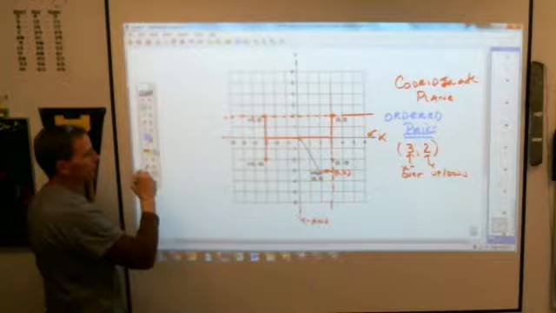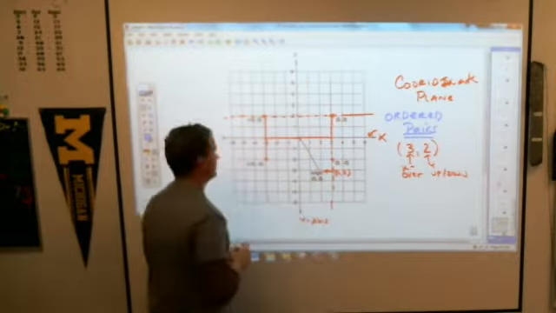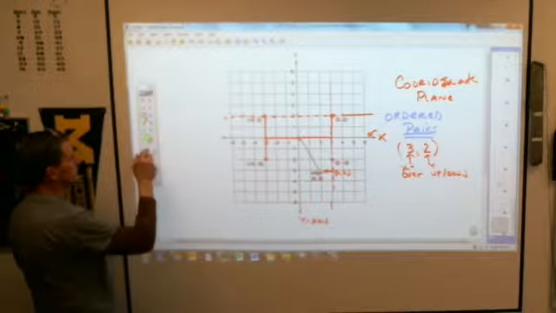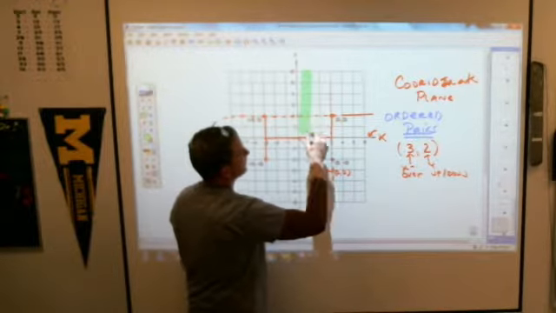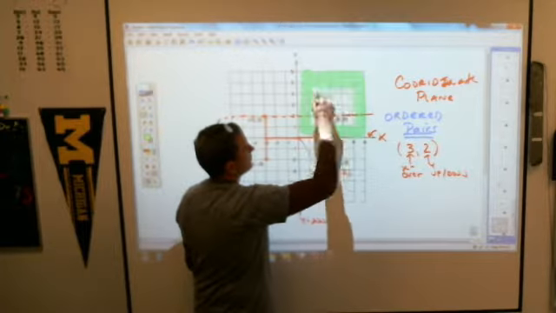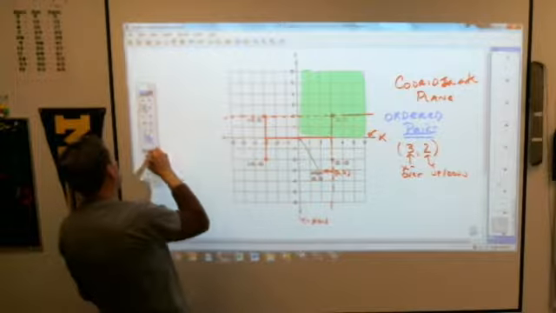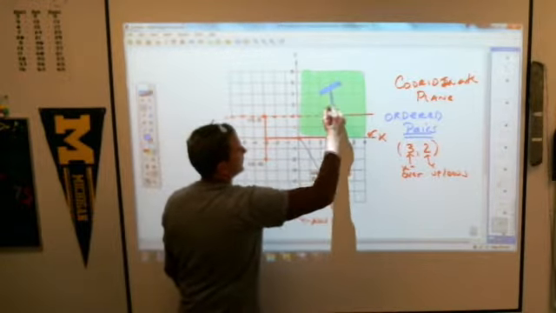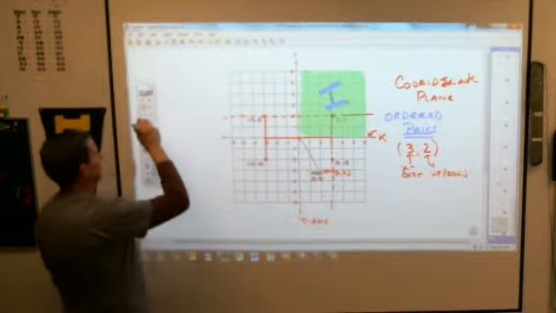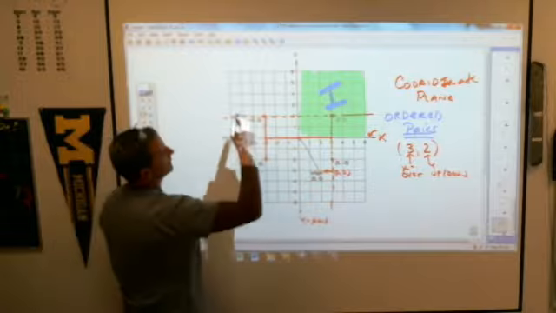We have this coordinate plane, and it is cut into quarters. Let's do a little coloring. This quadrant is called quadrant number 1, and we always use Roman numerals for the quadrants.